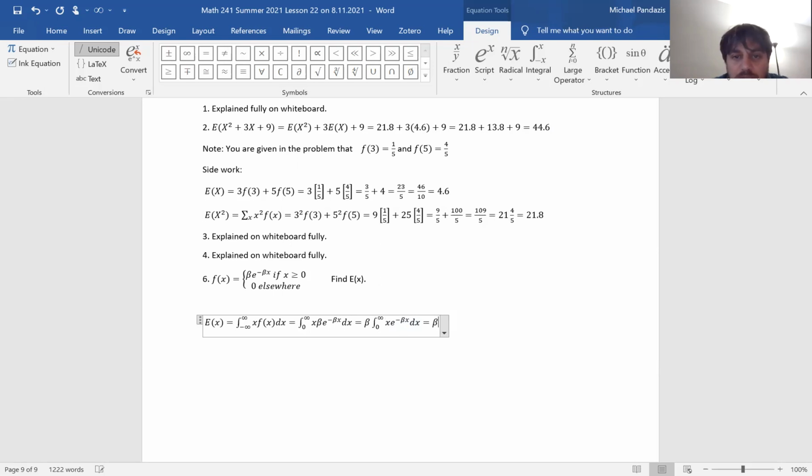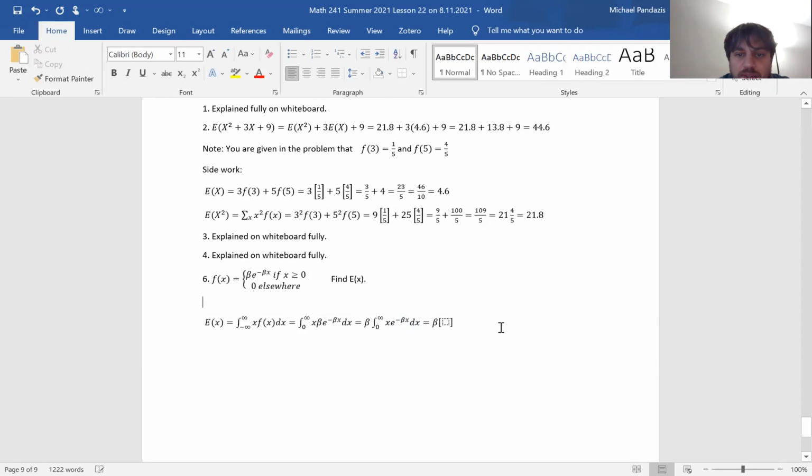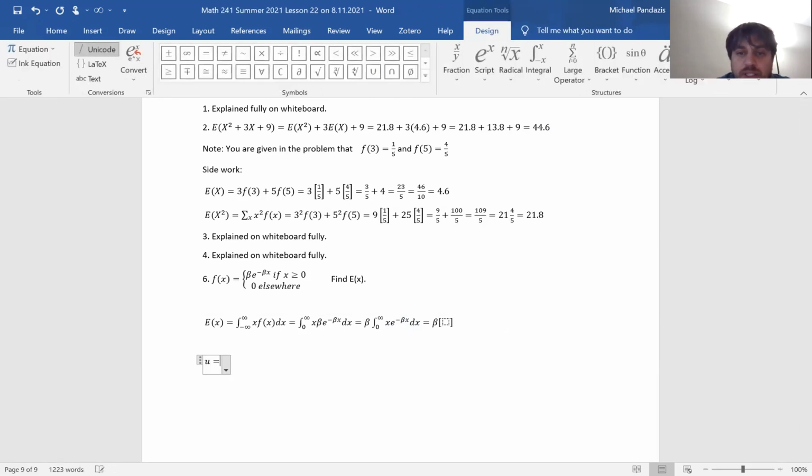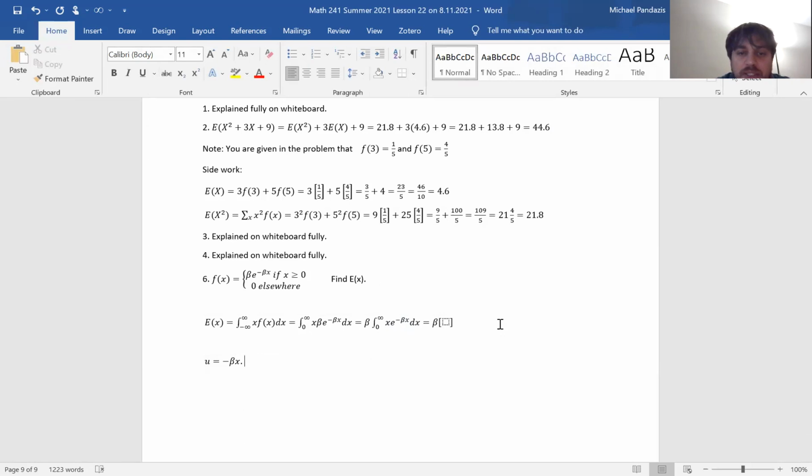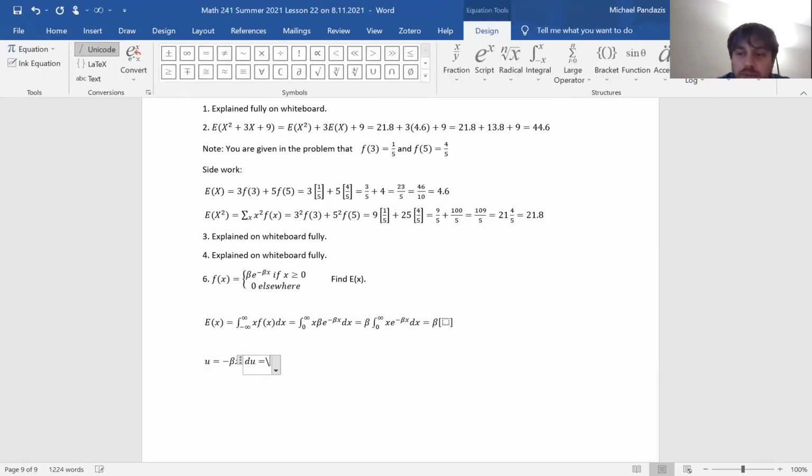And then that's equal to beta times the value of that definite integral. And so we're going to use u substitution, where u is going to equal negative beta x, and so du is going to equal negative beta dx.